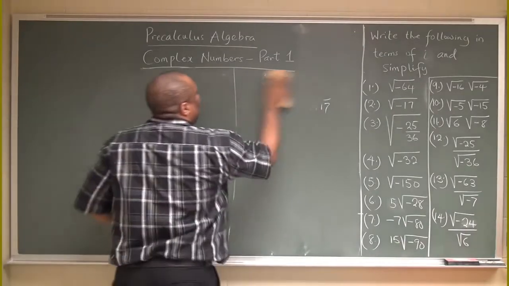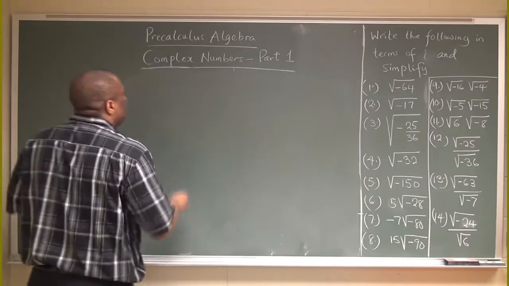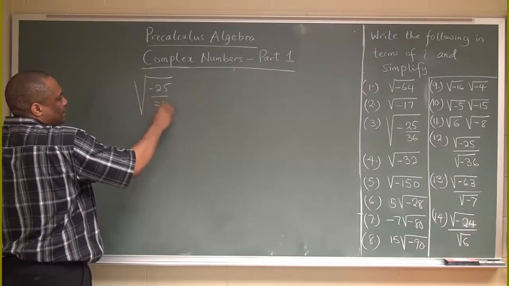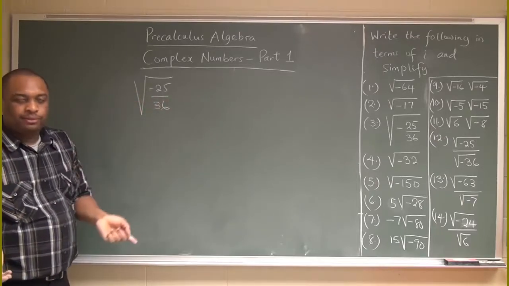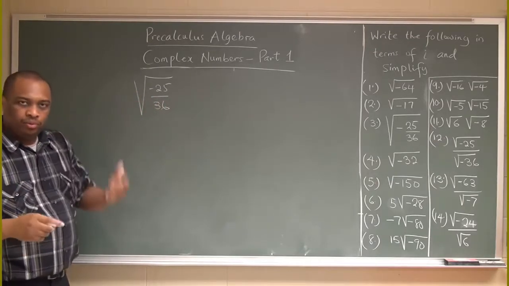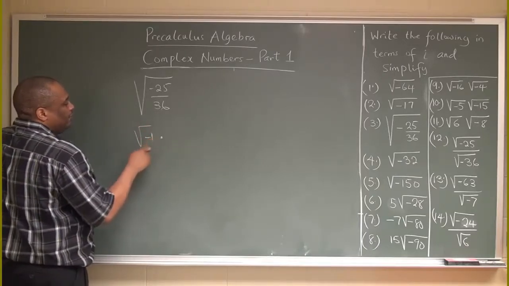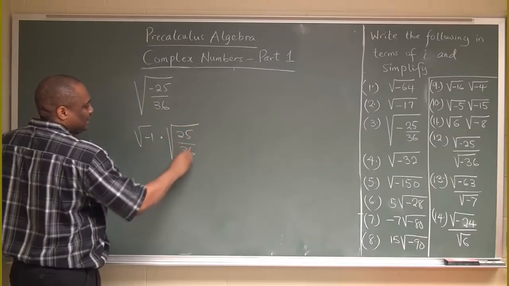Then the next one, square root of negative 25 over 36. When we have a negative under the square root, we bring out negative 1 first: square root of negative 1 times square root of 25 over 36.